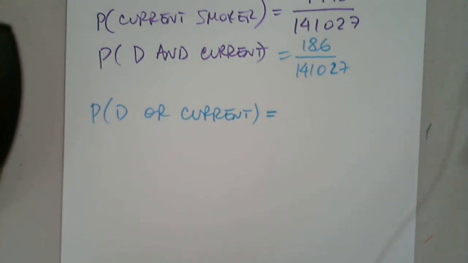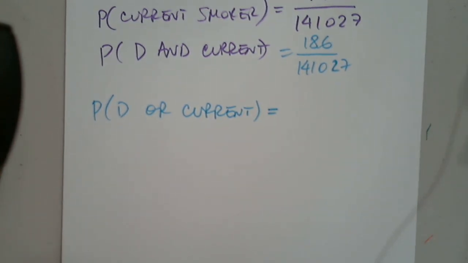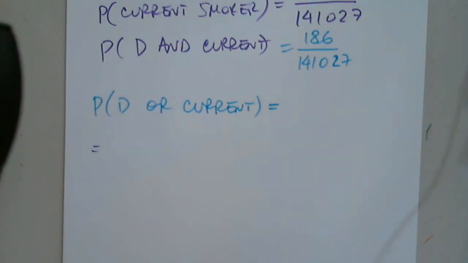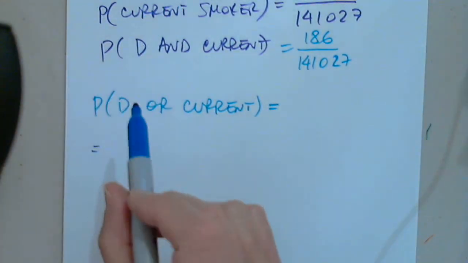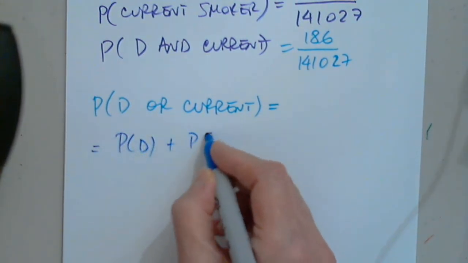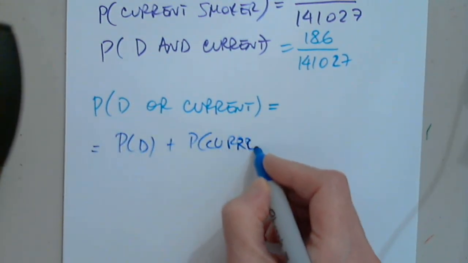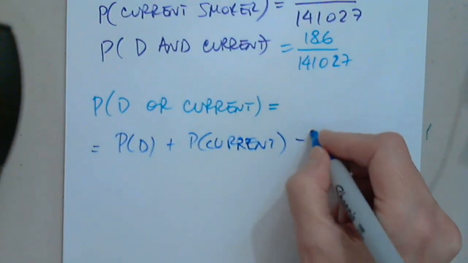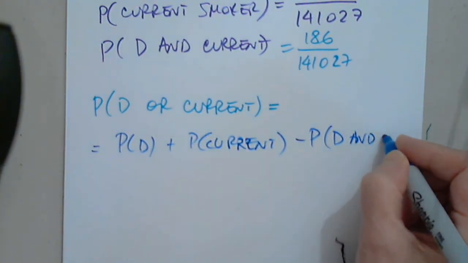How do I write that? Can they happen at the same time? Yes, so they are not mutually exclusive. So then what do I have to write? P of D plus P of C minus the intersection. Very good.